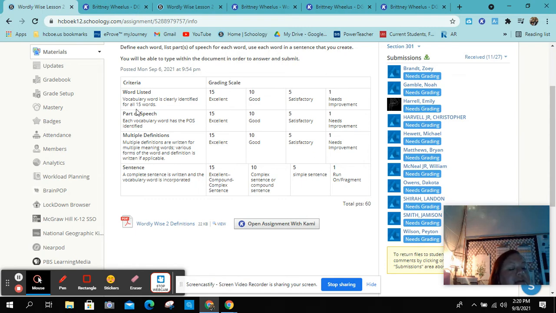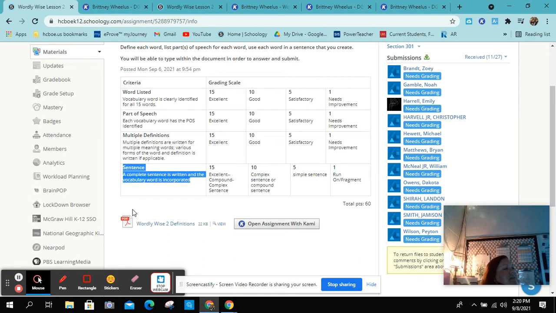If your word has multiple definitions, you have to write multiple meanings beside each word. Various forms of the word and definition must be included. And then this is the most important part of your rubric right here: the sentence for each word. A complete sentence is written and the vocabulary word is incorporated.